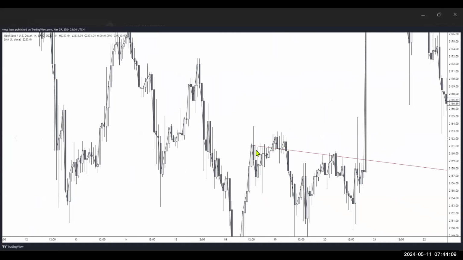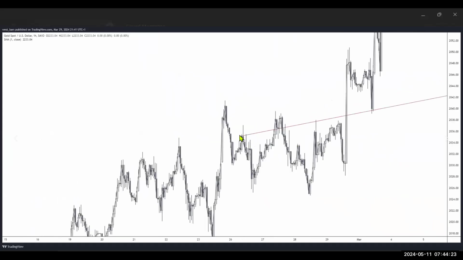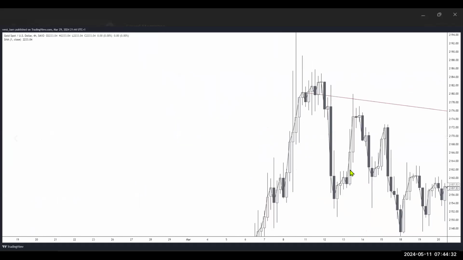Yes. So first touch, second touch, entry. First touch, second touch, entry. Okay, double top, right?